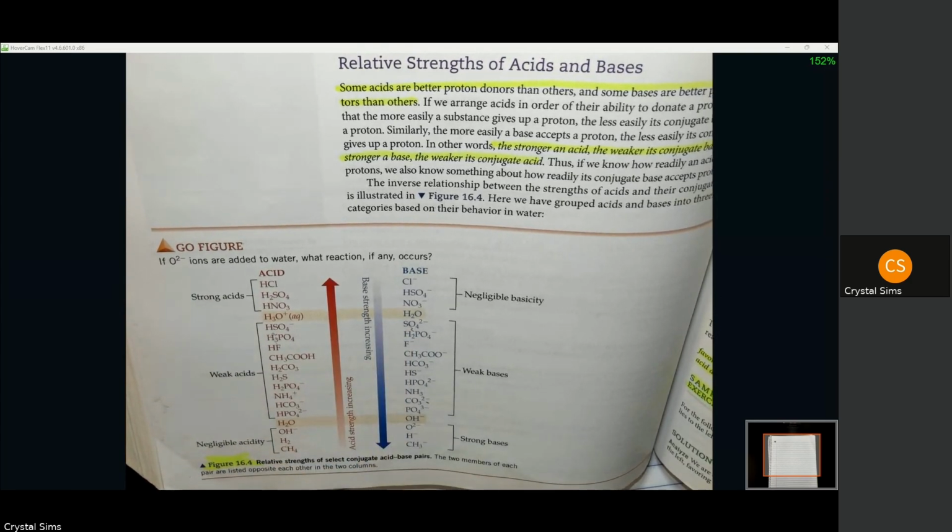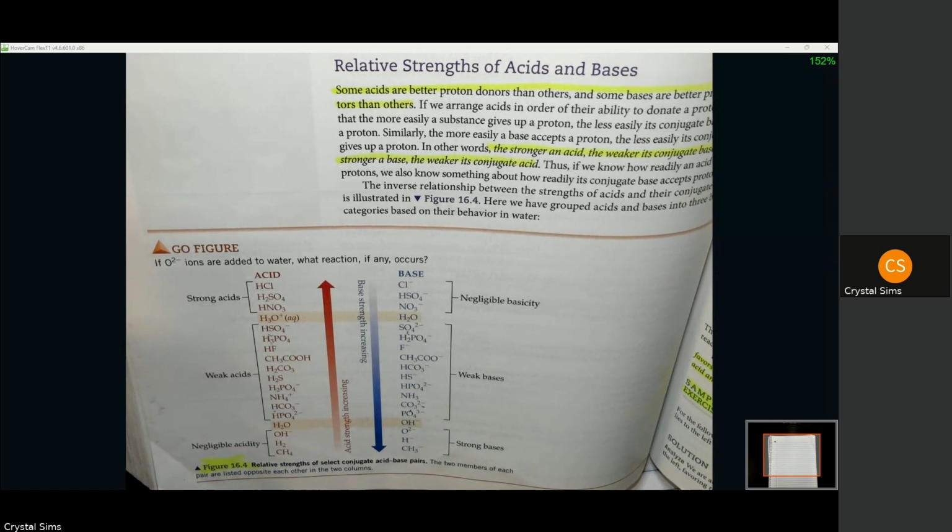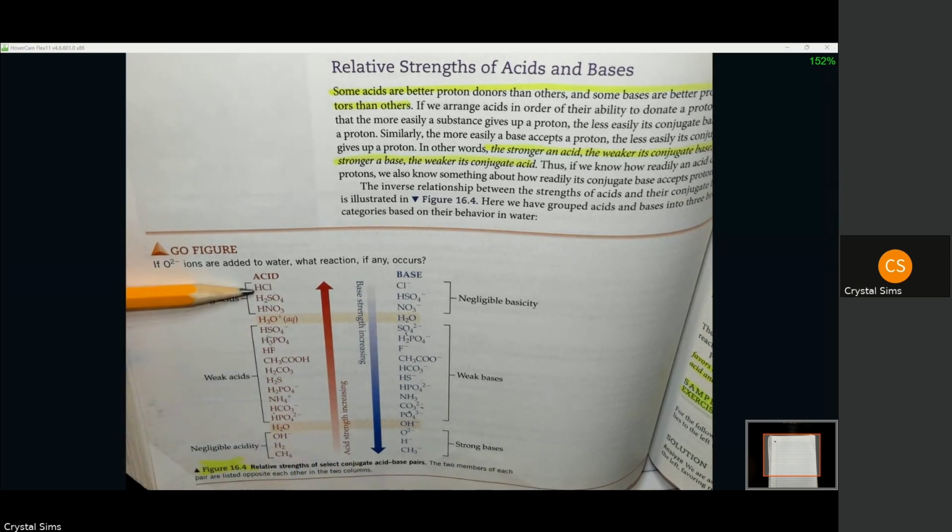We see its conjugate base over here that is in our equation. And then we also look for our base, which is CO3 2 minus. We find it down here and the conjugate acid across from it. So what you see on this diagram is that these acids here are the strongest.